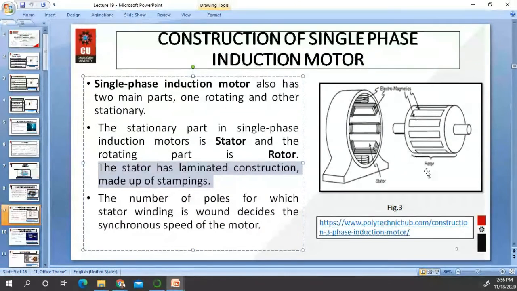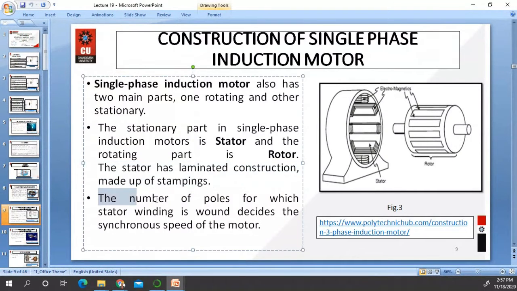So how will these eddy current and hysteresis losses be generated right here? When these materials are placed, some heat will be generated inside these rotors. So if you have not placed these rotors with proper lamination and stamping, then these hysteresis and eddy current losses will be maximum in this rotor part.